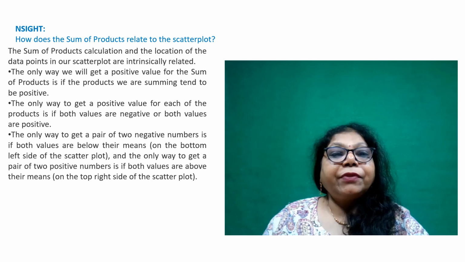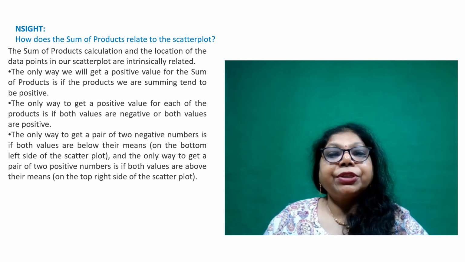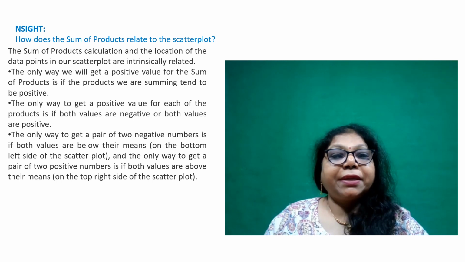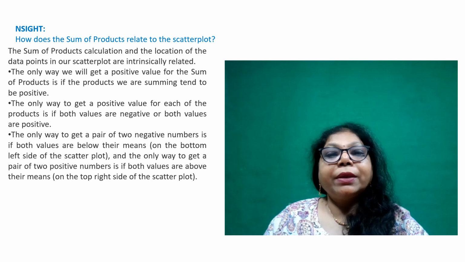Now, what is the insight that we get from this? We see that the sum of the products calculation and the location of the data points in our scatter plot are intrinsically related. The sum of the products, that is the numerator of our correlation coefficient, is positive for our data. So the correlation coefficient R will be positive, since the denominator, being a square root, will always be positive.